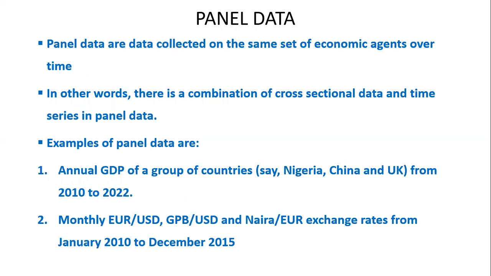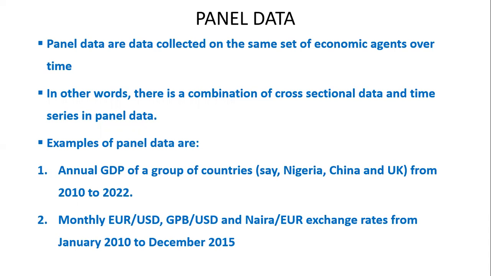Lastly, panel data. Panel data are data collected on the same set of economic agents over time. In other words, there is a combination of cross-sectional data and time series in panel data.